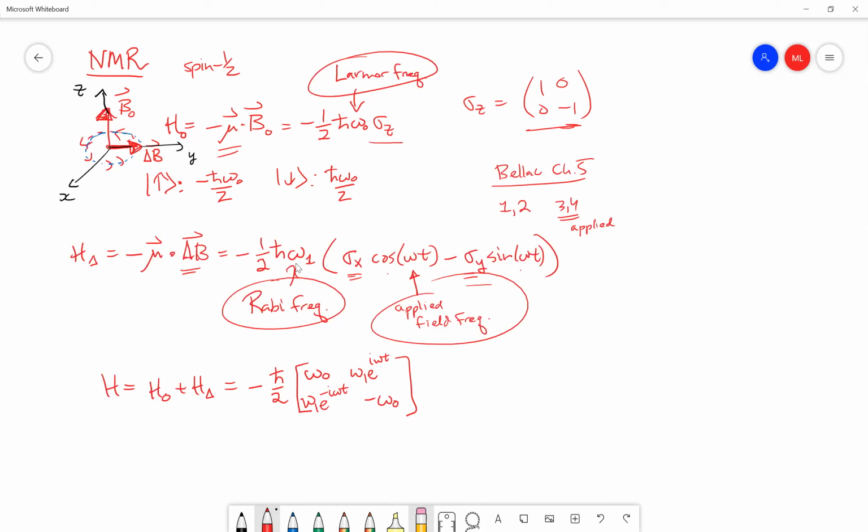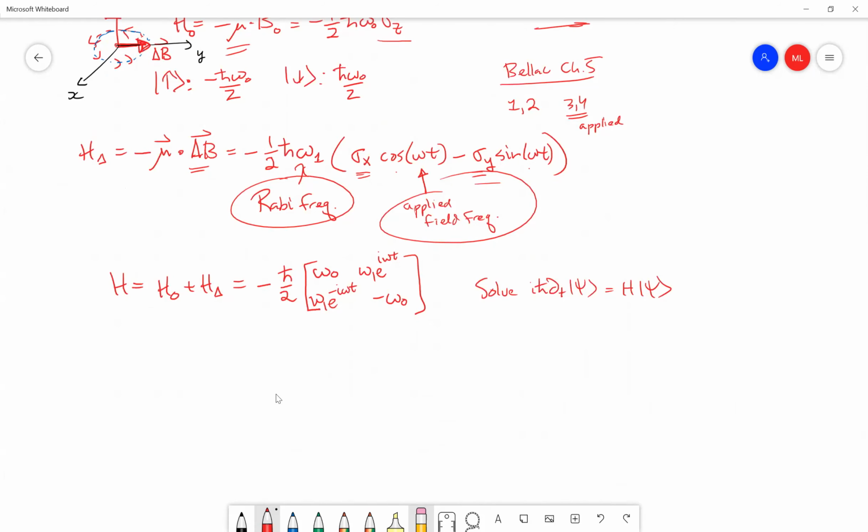And now what do we do? Well, it's easy. We just have to solve the only equation we ever really solve, which is the Schrodinger equation. But now, of course, your Hamiltonian is time dependent. So it's the usual thing. We expand in a basis. The basis is just the spin up, down basis. So we say, fine, our states are going to be some combinations of up and down, with some time-dependent coefficients.